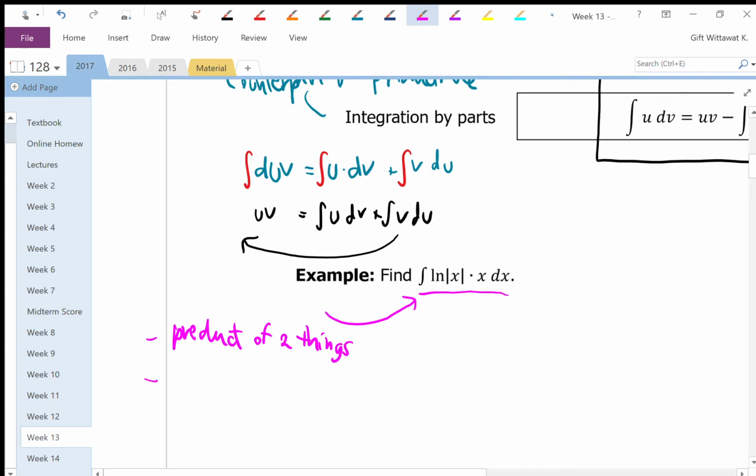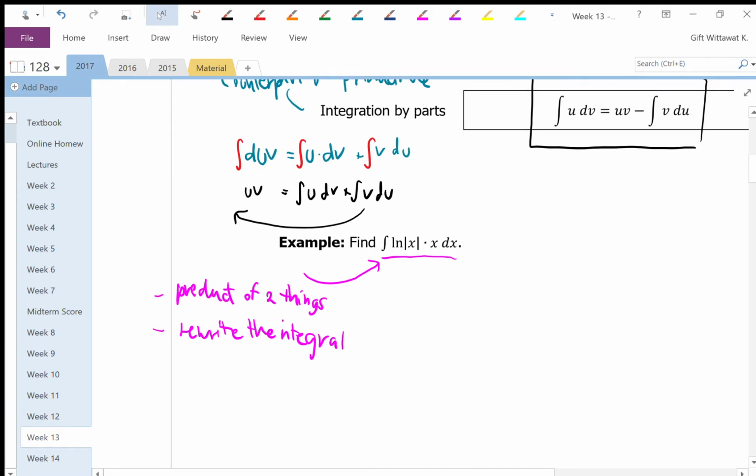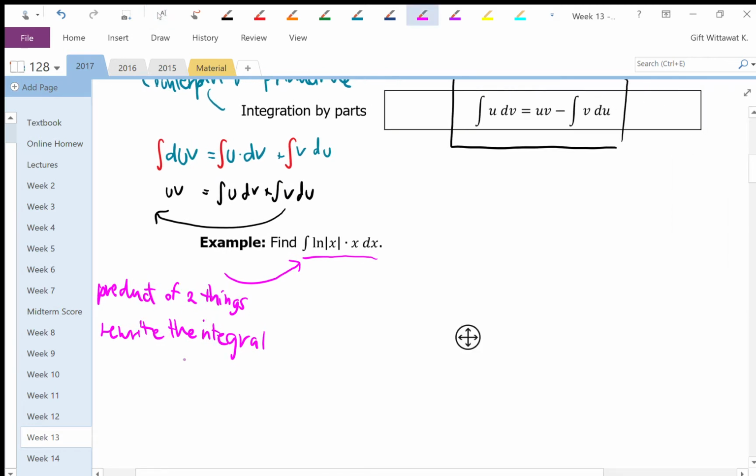So what you need to do is identify the u and the v so that the integral can be rewritten as the integral of u dv.